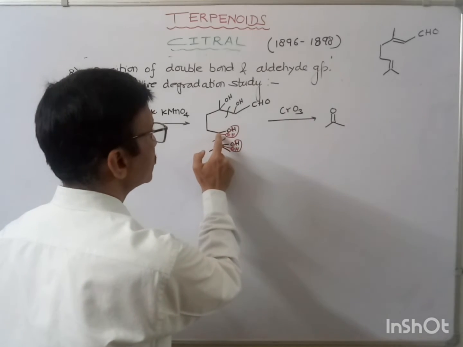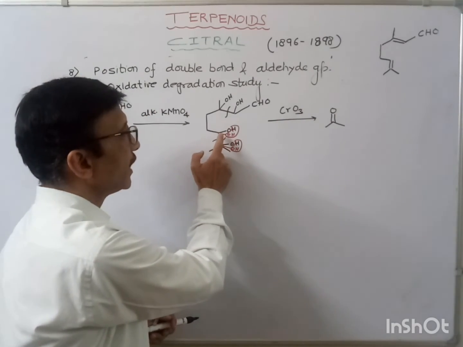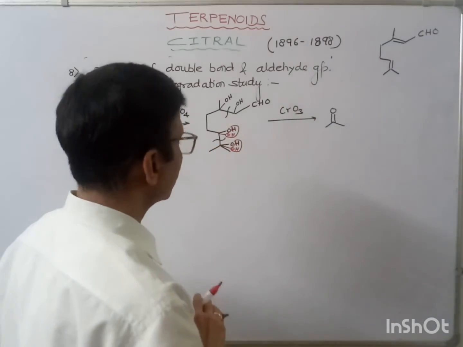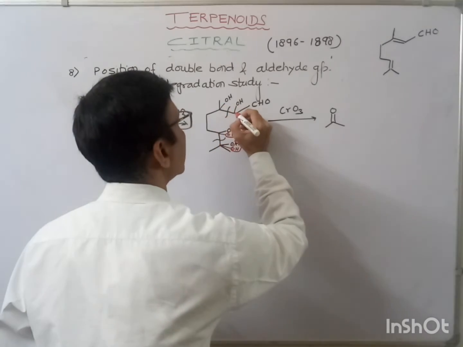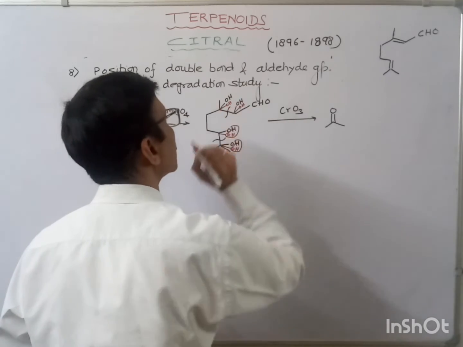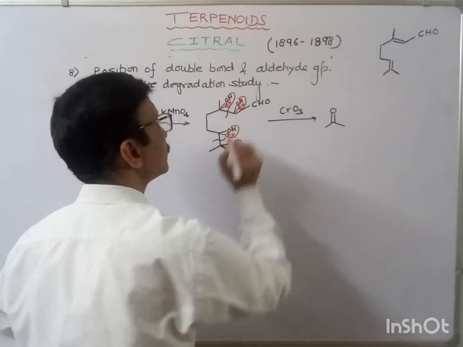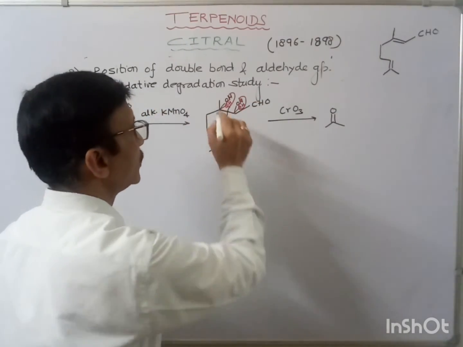Here in this case, we will get an aldehyde, and on further oxidation the aldehyde would be converted into acid. In the same way, if we write one OH over here and another OH over here, after breaking, again this H2O would be removed, and here it would be converted into a keto group.